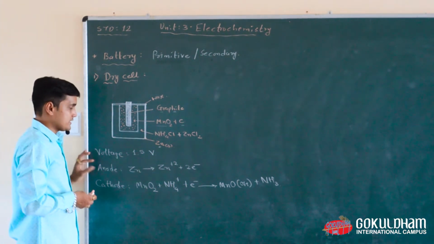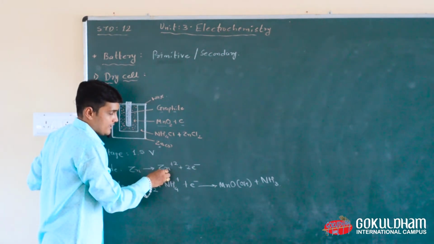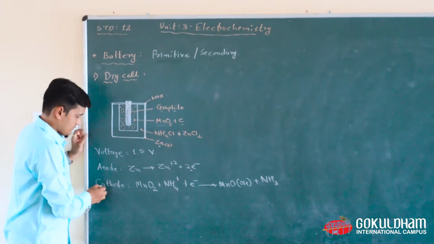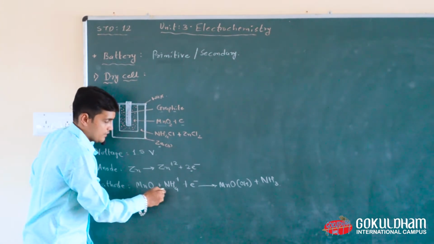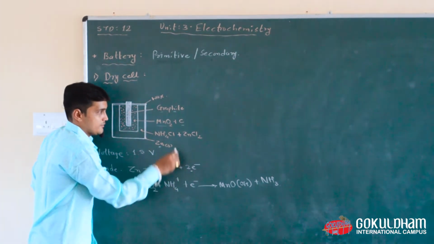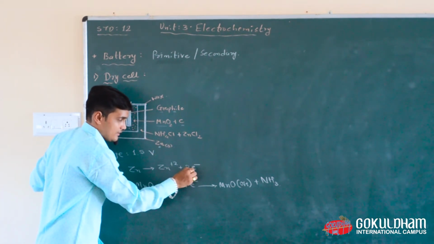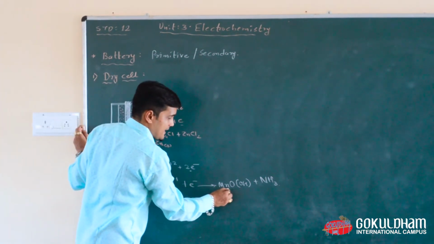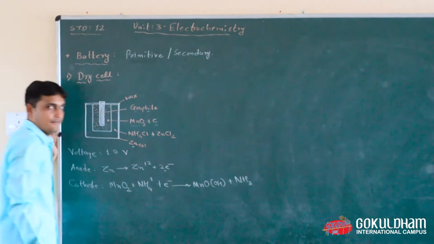The anodic reaction is shown by Zn giving Zn2 plus and 2 electrons, and on the cathode side, MnO2 plus NH4 plus, which is from the NH4Cl, gains the electron, and you will get MnOOH plus ammonia gas.